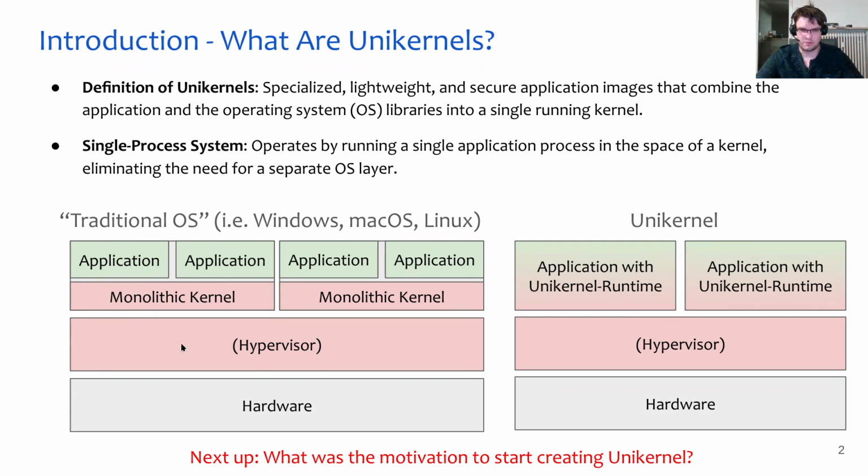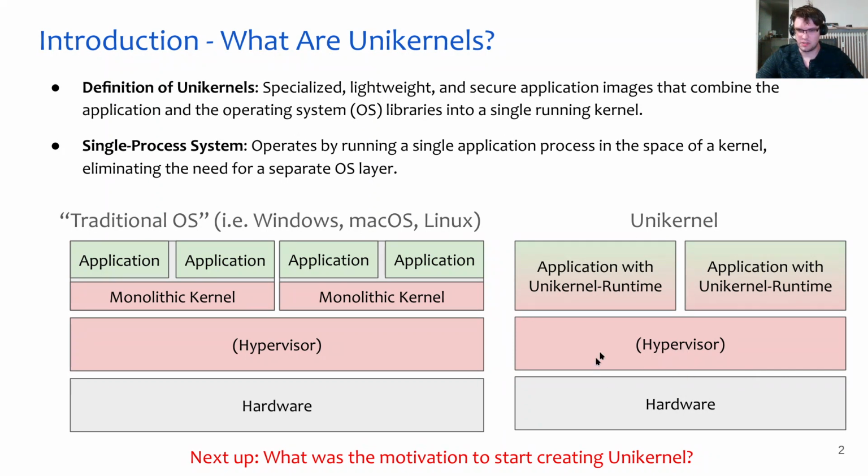This kernel can run on hardware directly, or it can run on a hypervisor, in which case it's a virtual machine. And if you have hypervisors deployed, then you can also have multiple operating systems running on the same hardware. In contrast to that, with unikernels, the application and the operating system are bundled in one image.